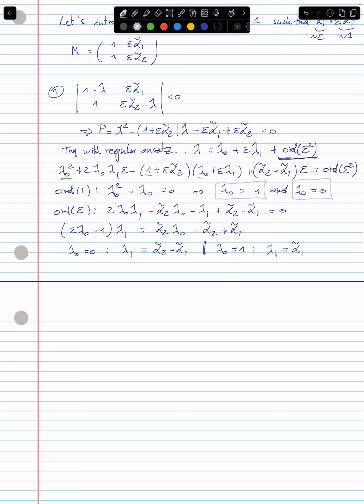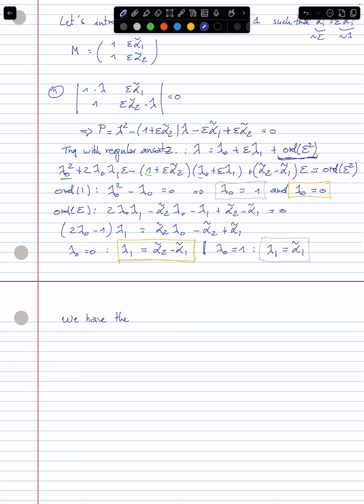All right, and so I should probably have swapped them or used different colors so that we are sure we don't mix them. All right, like this, and like that. All right, so just to summarize, we have two roots.